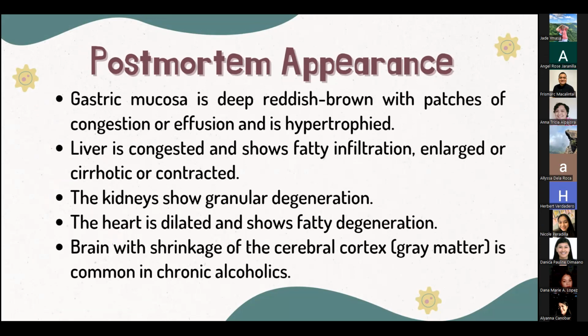So the liver is also congested and shows fatty infiltration, enlarged or cirrhotic or contracted. Isa din sa pinakang affected na organ natin when it comes to taking alcohol is our liver. And our kidneys in the postmortem appearance show granular degeneration.